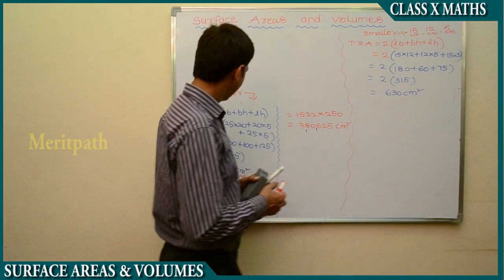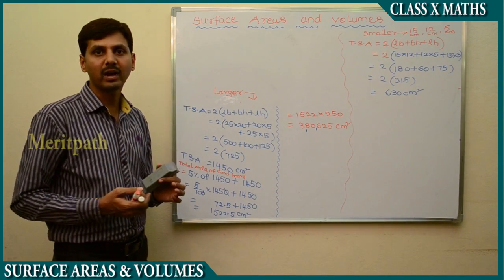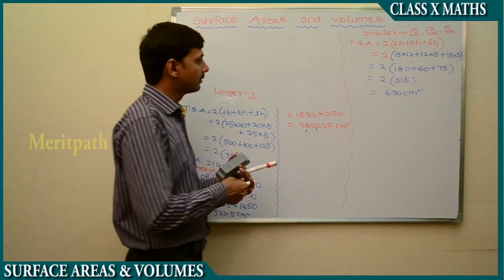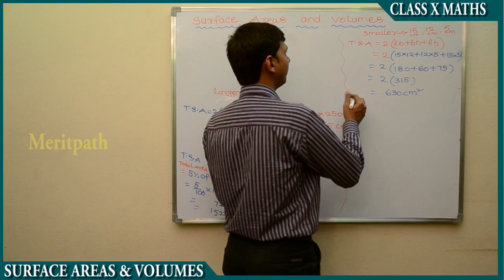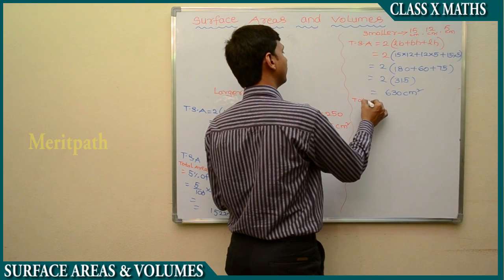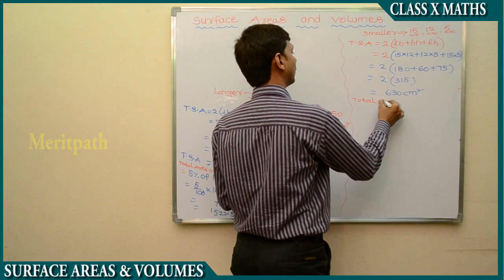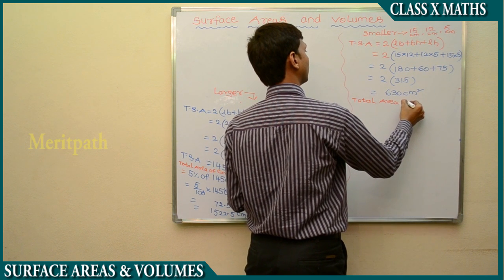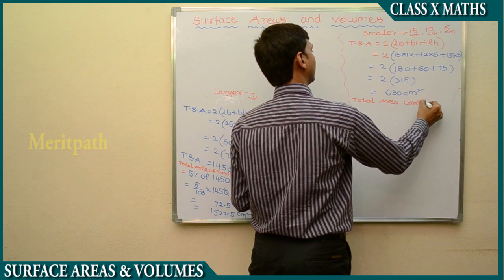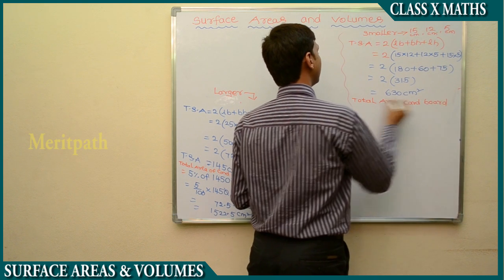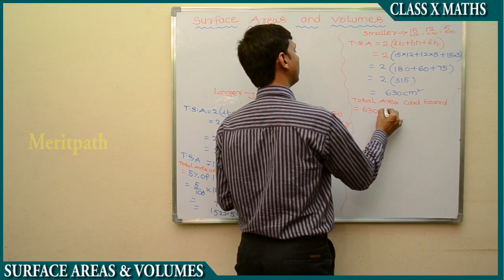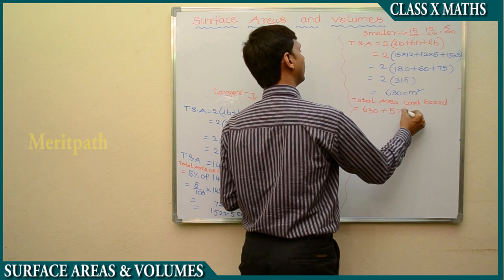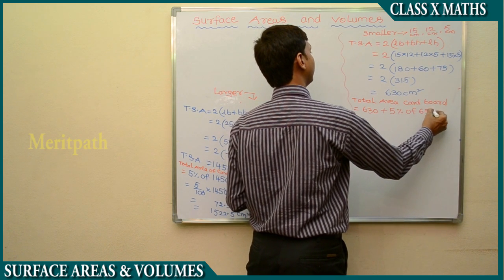So let's find out the 5% extra cardboard required for this also. The total area of cardboard required is 630 centimeters square plus 5% extra, 5% of 630.